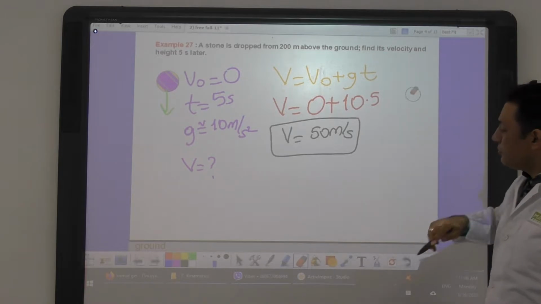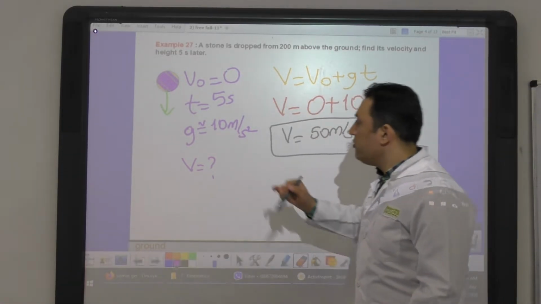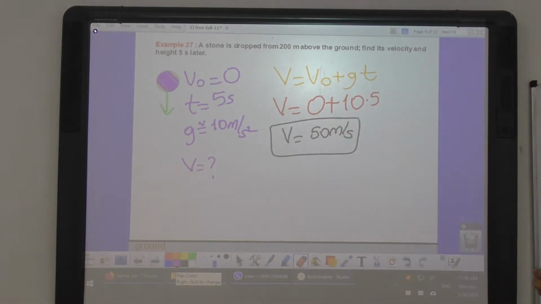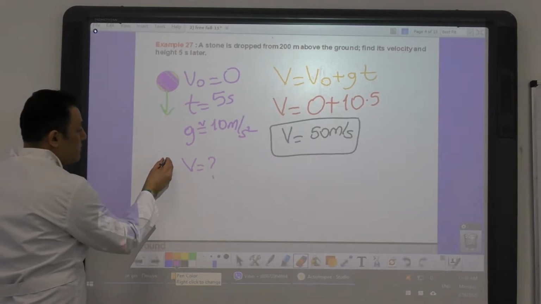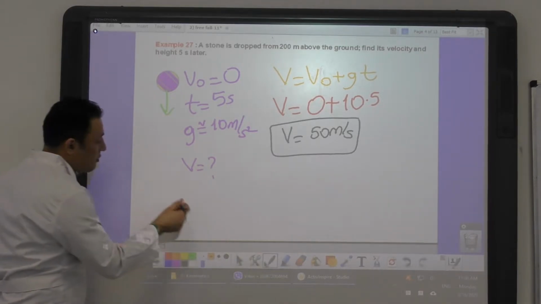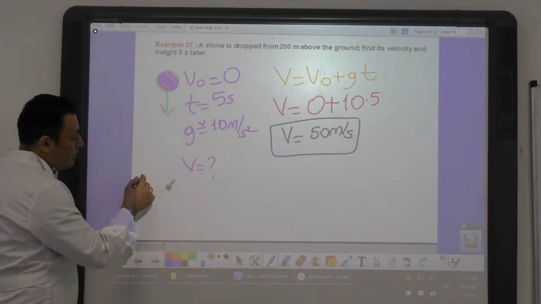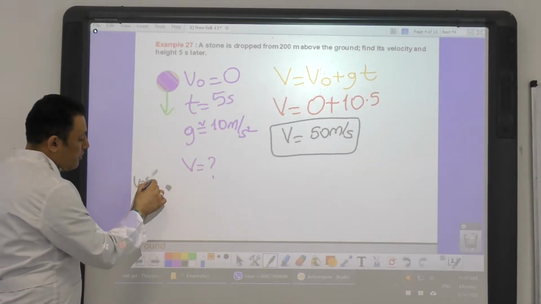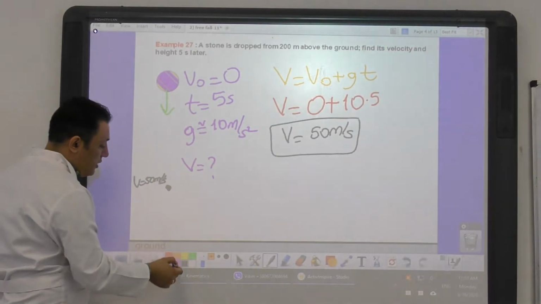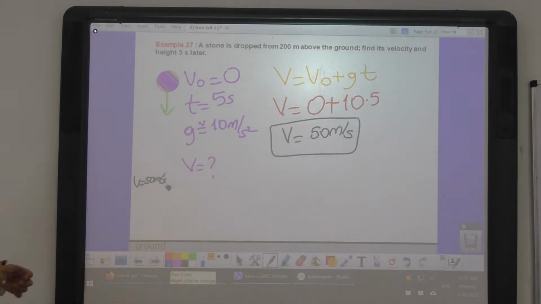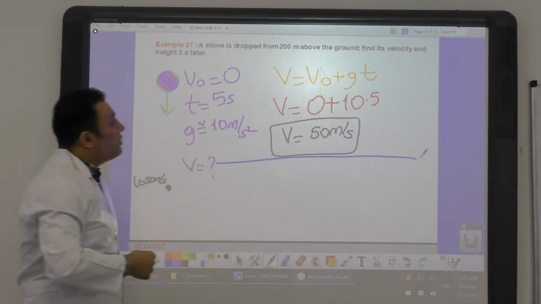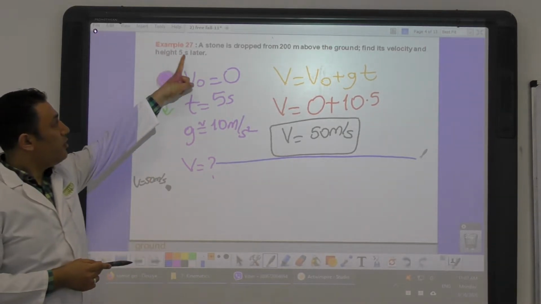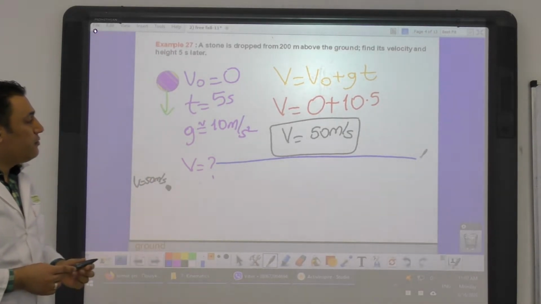Okay. Now, this was the first part of the problem, to calculate the speed of an object in the air after 5 seconds. Let's suppose that my object is located somewhere here and it has a velocity of 50 meters per second. Now, let's go back to part B. I need to calculate the height of the object after 5 seconds.